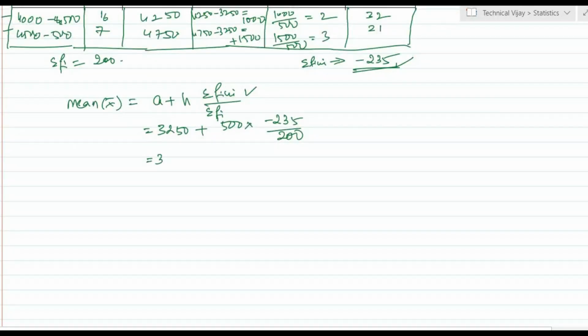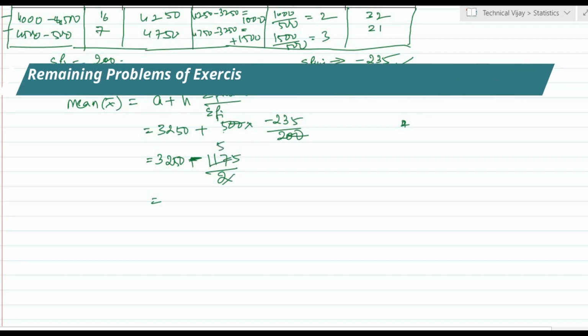Cancelling the two zeros, 5 into 235 divided by 2 is 1175 divided by 2, which is 587.5.